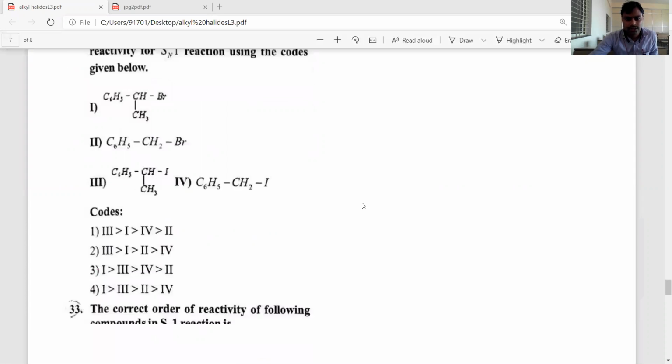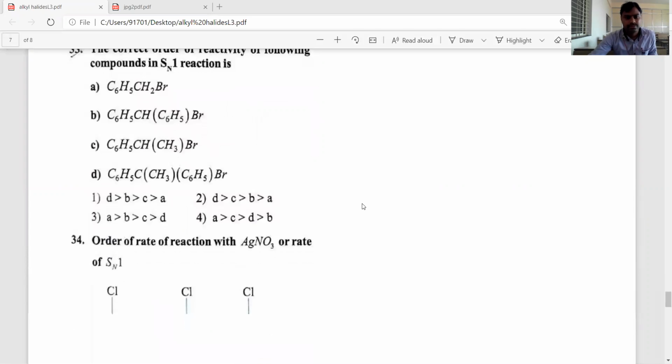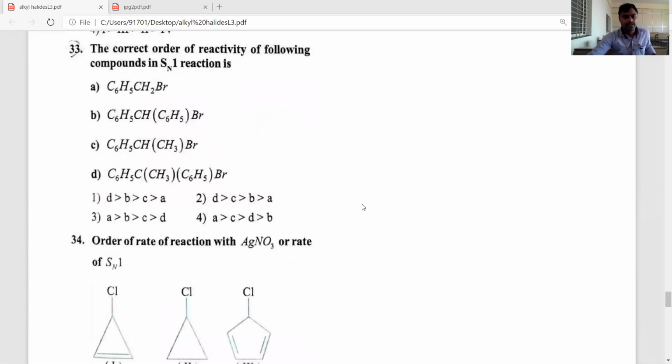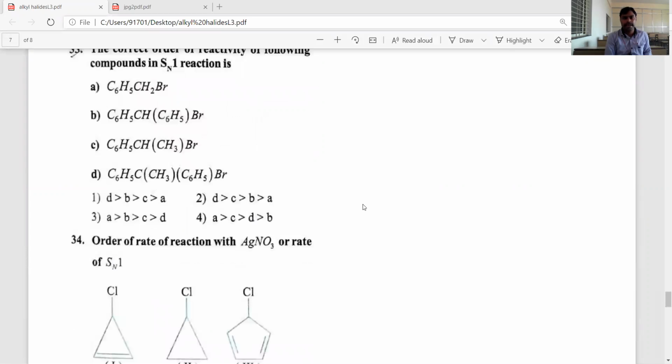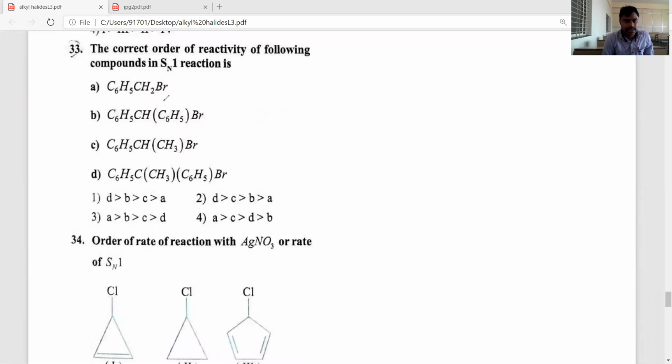Okay, let's go for the next question, 33. The correct reactivity order for the following SN1 reactions. See, it is also the same. We have to identify that all are bromides only. It is a primary benzyl carbocation.